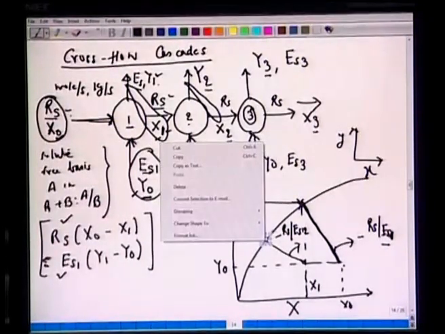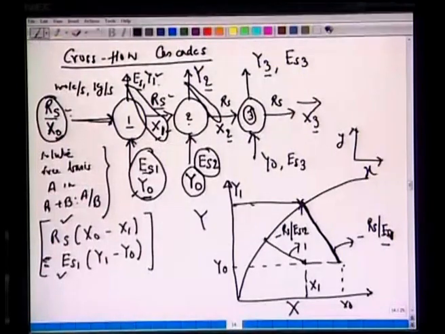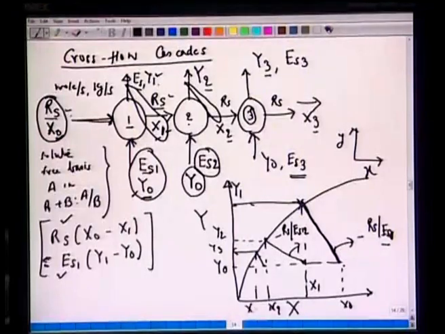All it means that the leaving streams Y2 and X2, they are also in the equilibriums. So we have Y2 in equilibrium with X2. And similarly for the third stage, it has the same composition Y0. Again, the flow rates are different. At ES3, we have a different slope here, going all the way till Y3, signifying that the two leaving streams are again in equilibriums.